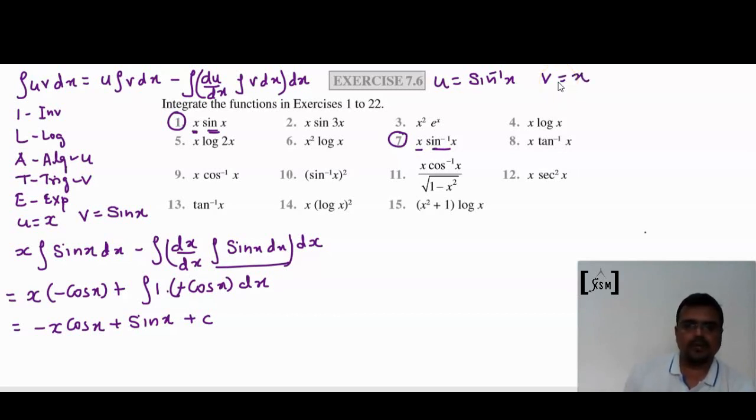We plug into the formula now: u times the integral of v dx, so sin inverse x times the integral of x dx, minus the integral of the derivative of sin inverse x, d sin inverse x over dx, times the integral of x dx, whole dx.